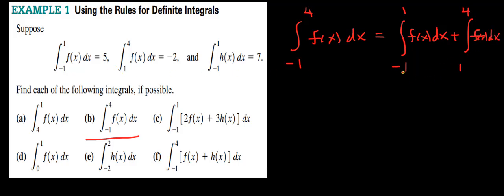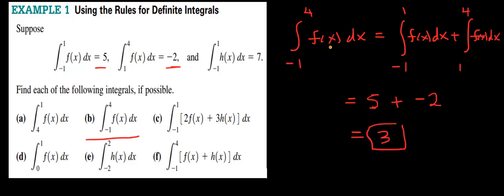So you know that the integral from -1 to 1 of f of x dx is 5, and then the integral of f of x from 1 to 4 is -2. So 5 plus -2 will be 3. That's the integral of f of x from -1 to 4.